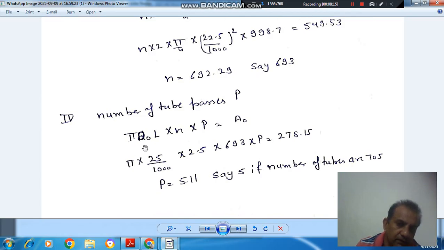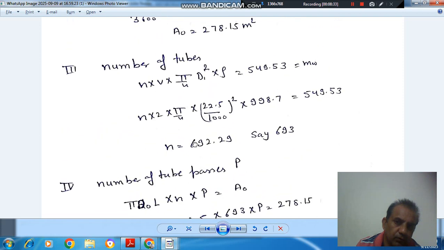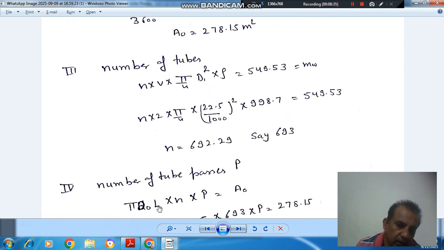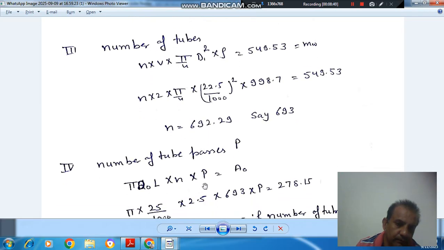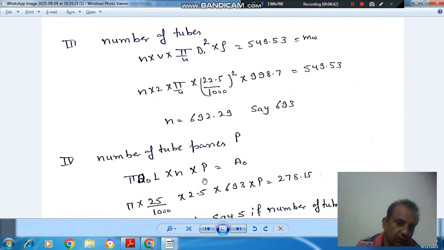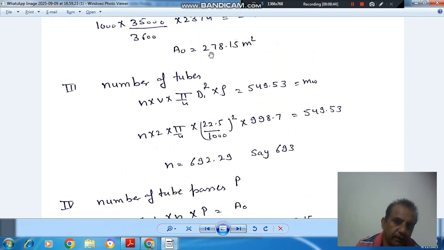Now the next part is to calculate number of passes. For number of passes, the outside area which is in contact with the steam on the tube is pi d naught L. So that is the area of heat transfer. N is the number of tubes and P the passes, that should be equal to A naught, because this is the area of one pass, and number of tubes are N, and P is the number of passes. So total area that we have calculated is in contact with steam.